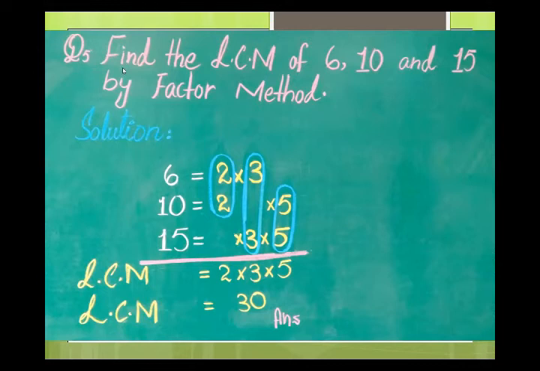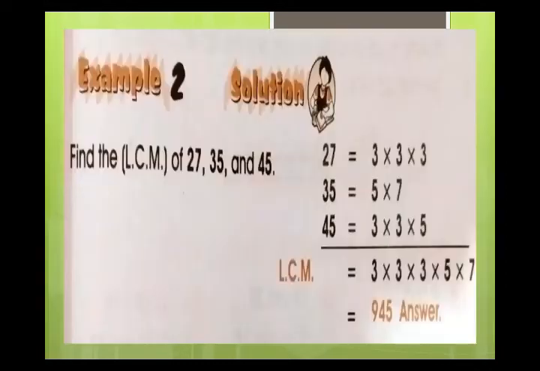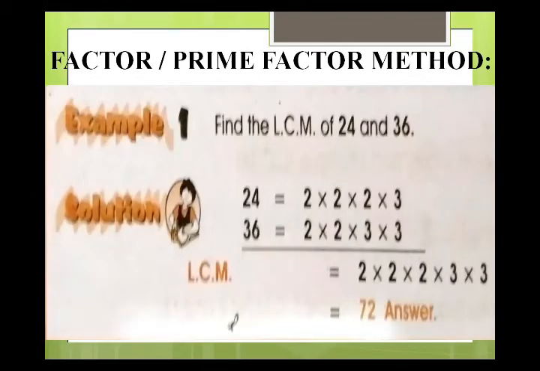In this question, you see that they have to find the LCM of the numbers 6, 10 and 15 by the factor method. Okay, for which method? Factor method. We discussed this in this slide and also in this slide.